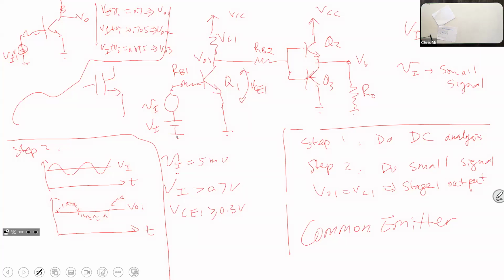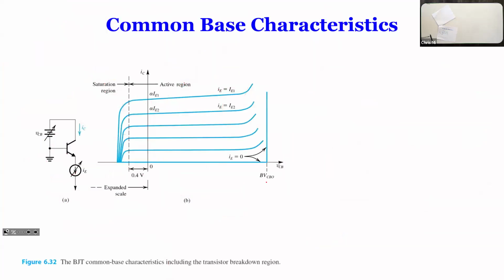Okay, so given that, we're going to look at what is called common base. Why is it common base? Basically, if you look at it, they're going to take the output over here.